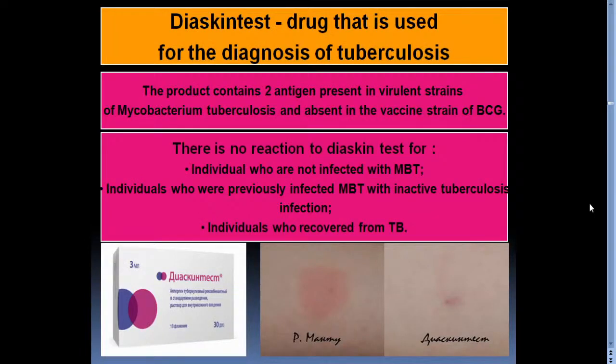The next method for detection of tuberculosis is named the Diaskin test. The Diaskin test is a drug that is used for the diagnosis of tuberculosis. The product contains 2 antigens present in virulent strains of Mycobacterium tuberculosis and absent in the vaccine strain of BCG.